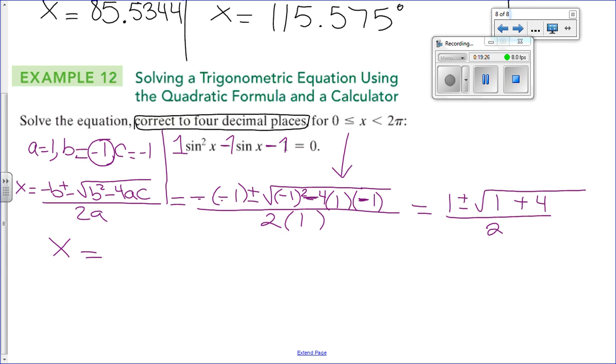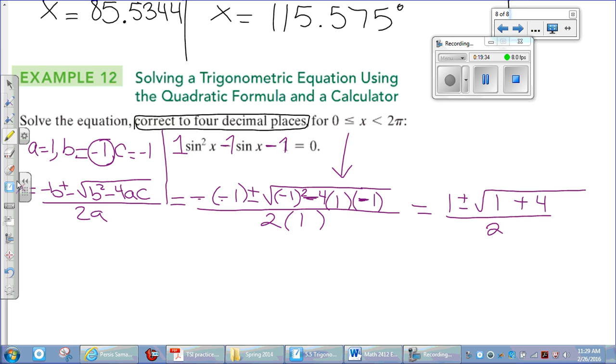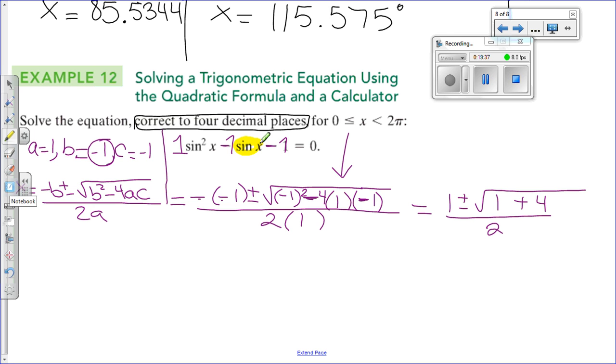Okay, I just don't want to call it x, because we're not actually getting the solutions for x. We're getting the solutions for what, guys? For sine of x.